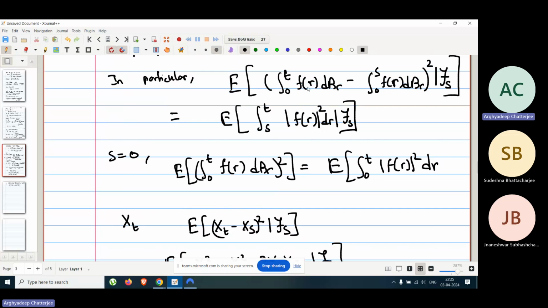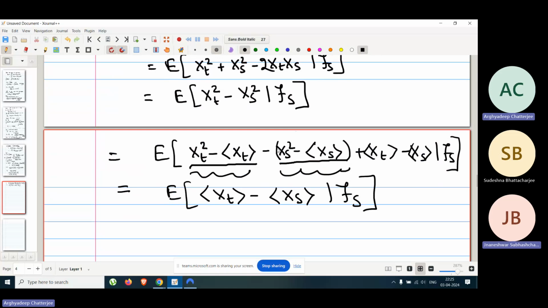So the quadratic variation of this one is the integral from 0 to t of f of r squared dr, which is what I have written here.